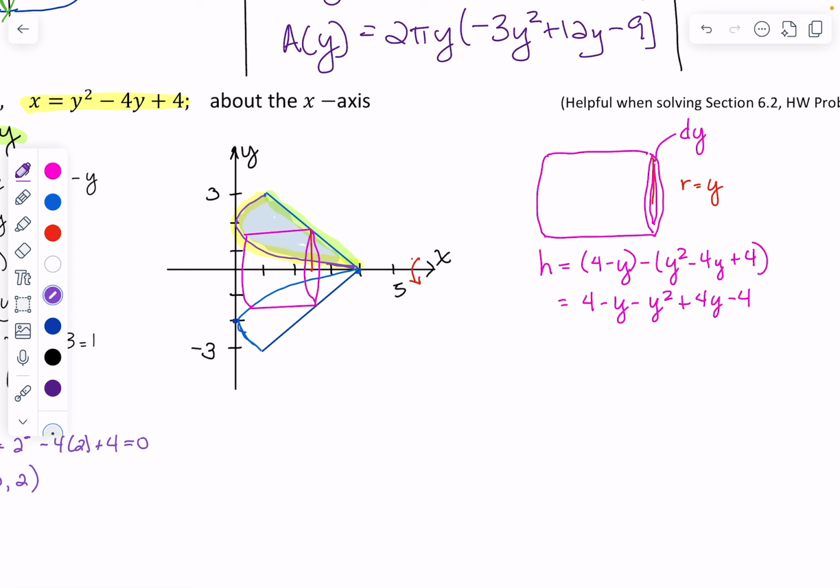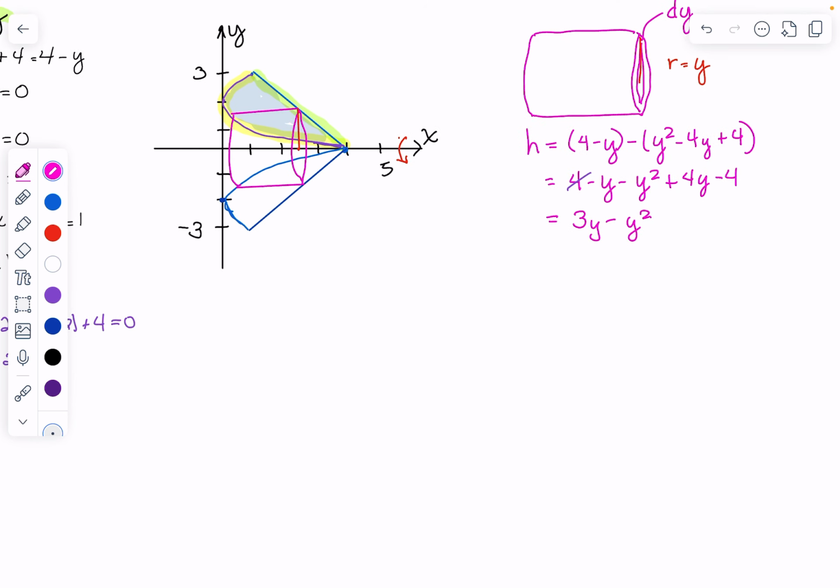So I have a 4 minus a 4, those are going to cancel out. I'm going to have a 4y minus y squared off of that. All right, that's my height.